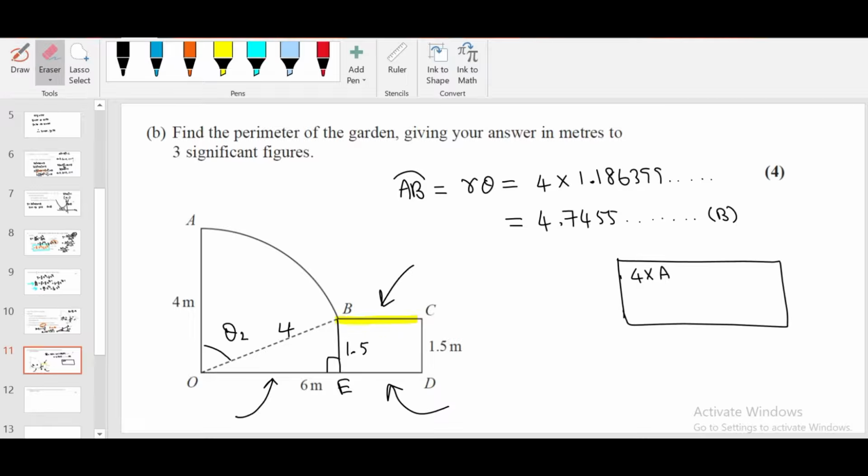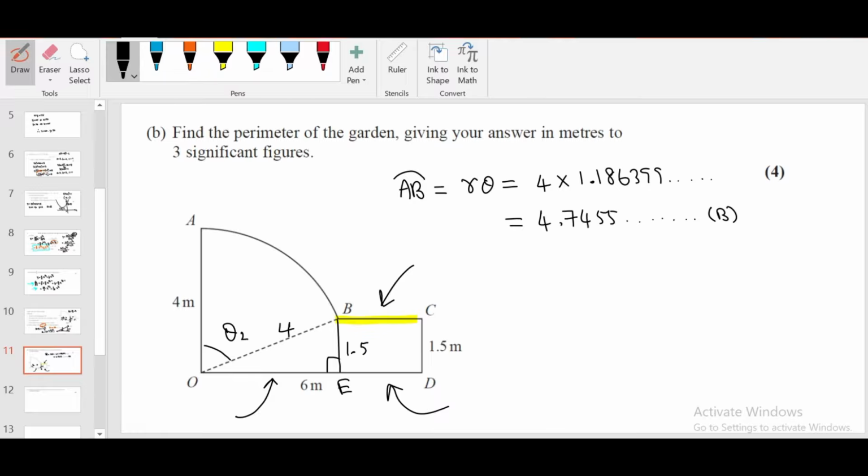You need to use SOHCAHTOA. So cos theta, this was marked as theta 1. Cos theta 1 is adjacent OE over hypotenuse. Adjacent is not 6, 6 is the total length. So OE is equal to 4 times cos theta 1.